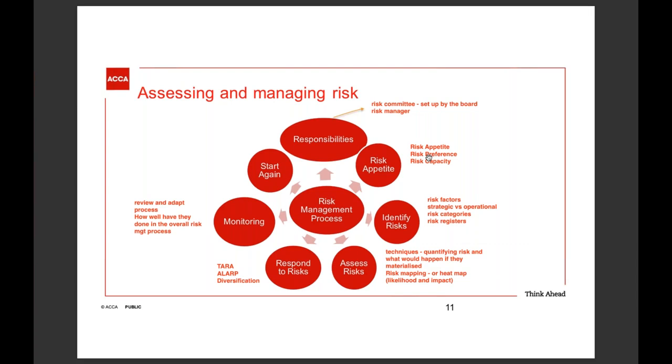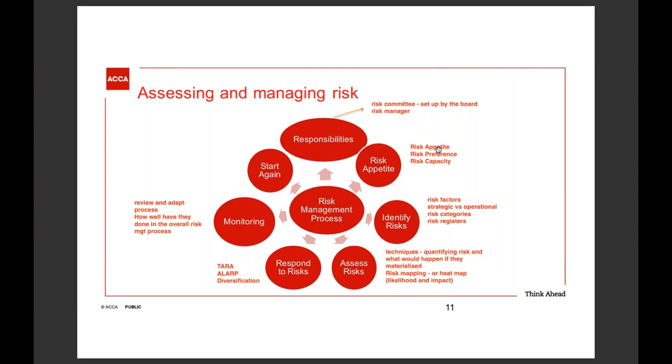And when it comes to risk preference, we are talking about whether you are risk averse or you are a risk taker. And when it comes to risk capacity, remember just now, risk appetite is the risk that you are prepared to bear, but risk capacity is the risk that you are able to bear. So that's the difference between appetite and capacity.